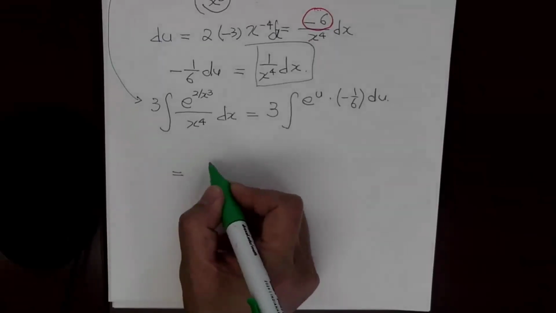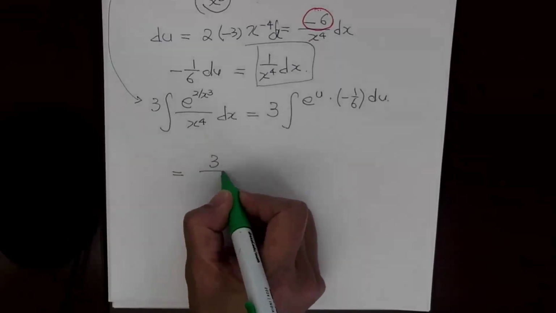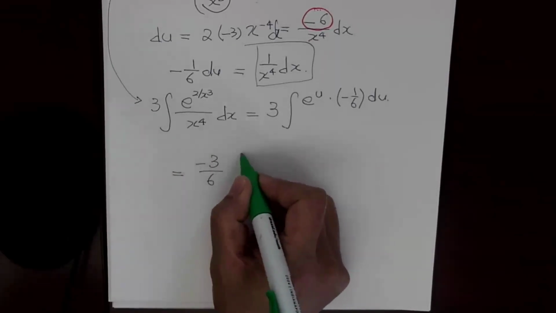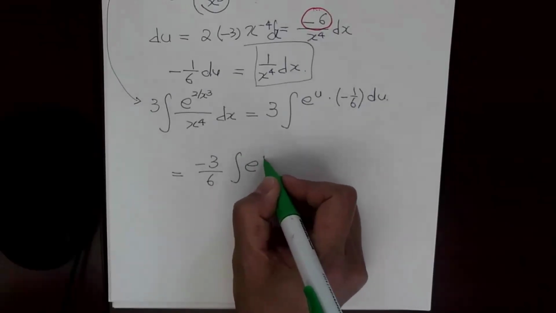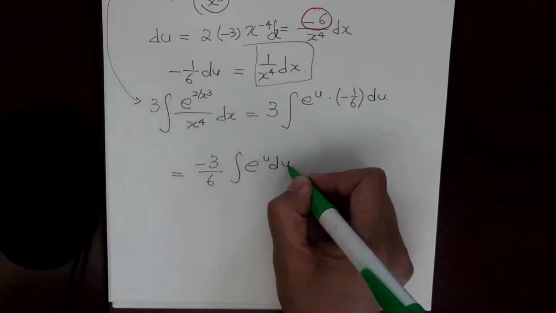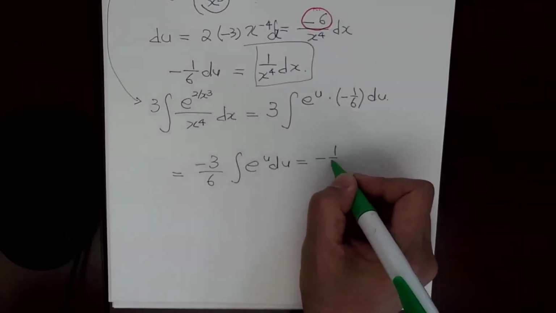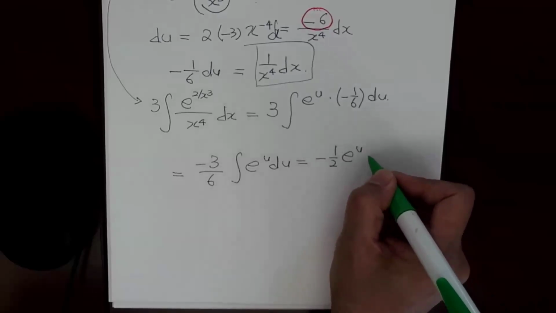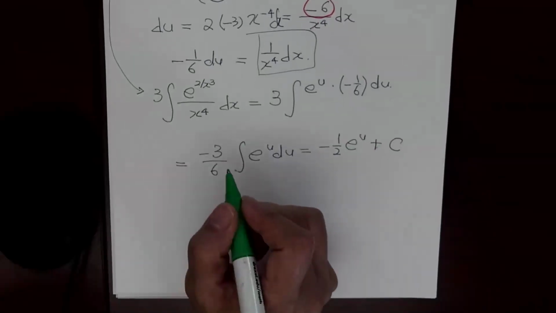So we have 3 over minus 6 integration e to the u du. So that's minus 1 over 2 e to the u plus c.